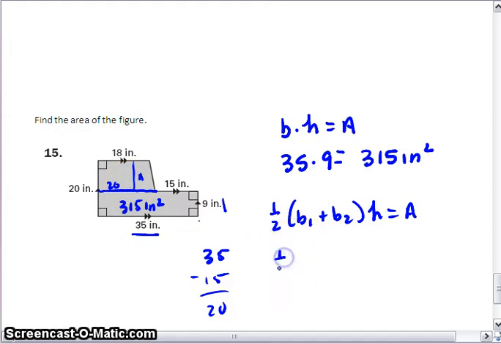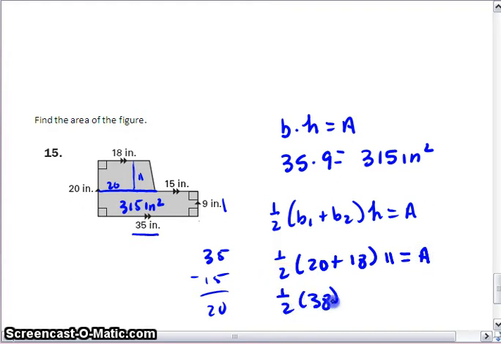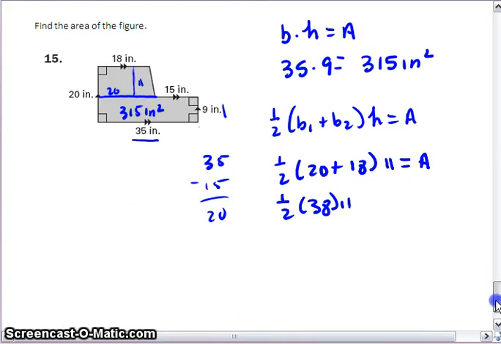Alright, so 1/2 times 20 plus 18 times 11 should give me my area. Alright, 1/2 times 38 times 11, or 19 times 11, gives me 209 inches squared.